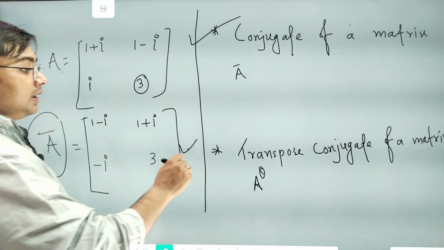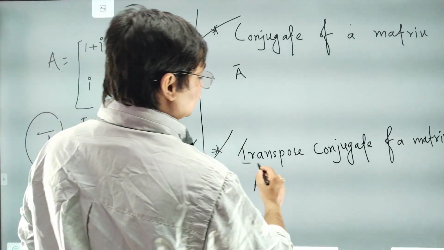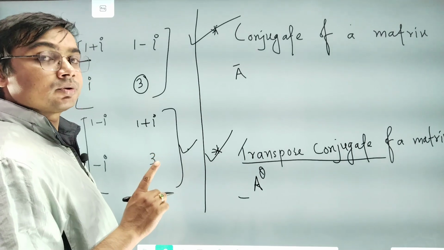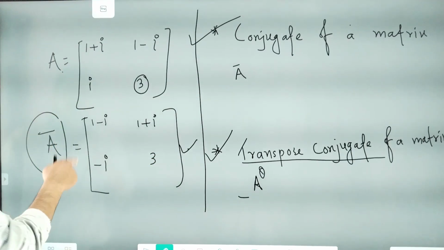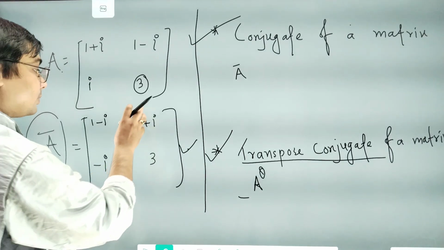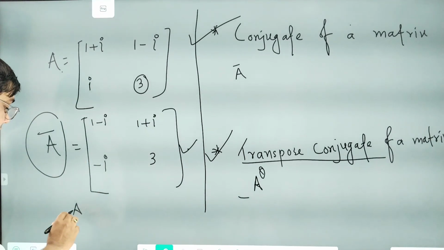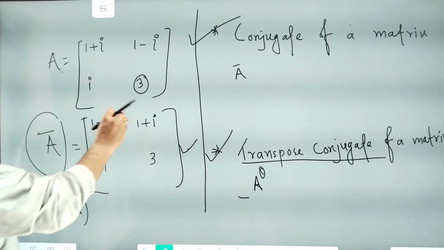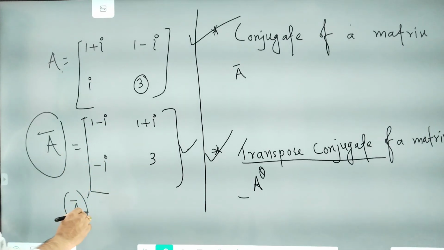And another property is there which is called the transpose conjugate of a matrix. Yes, the transpose of the conjugate of a matrix. That means if we first find the conjugate of a matrix, and then transpose it, transpose means you just interchange the rows and columns of this matrix.